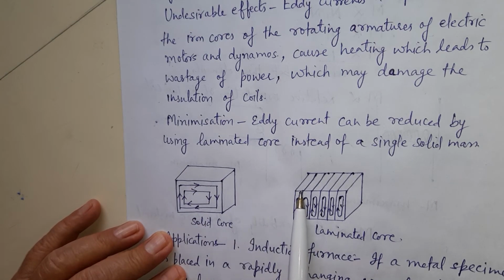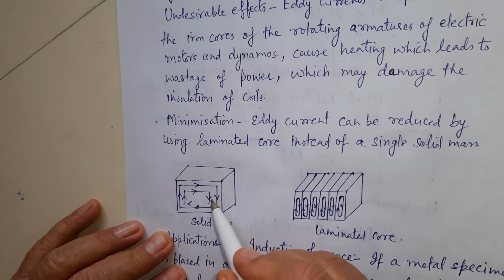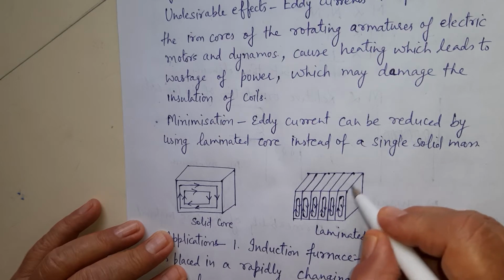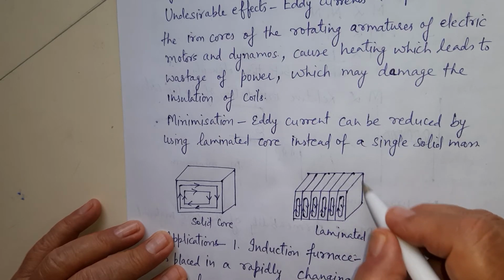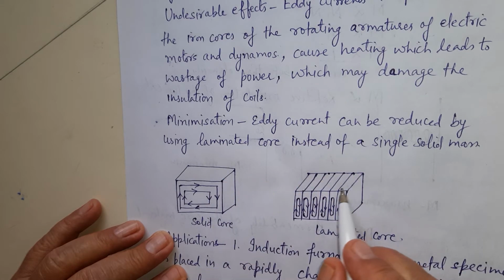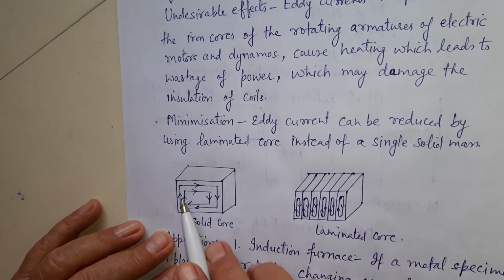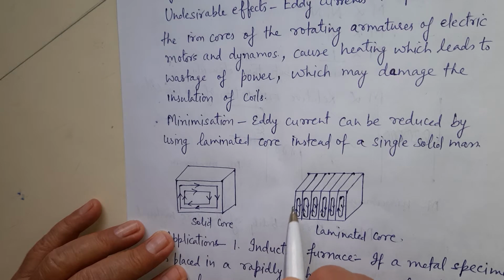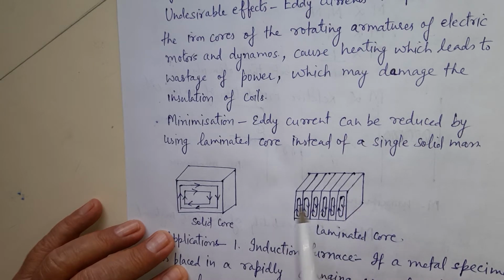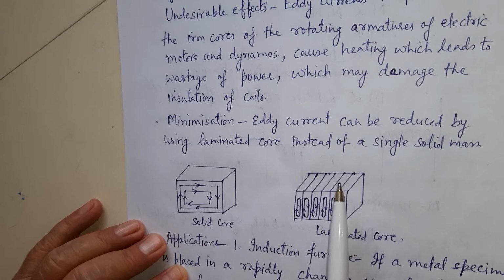Now if this block is not solid, it is cut into very thin slices, and that is also laminated and then joined, so this closed path will be shortened. That is why eddy current can be reduced. When eddy current is less, heat produced will be less, so wastage of power will be less. In this way, eddy current can be minimized.